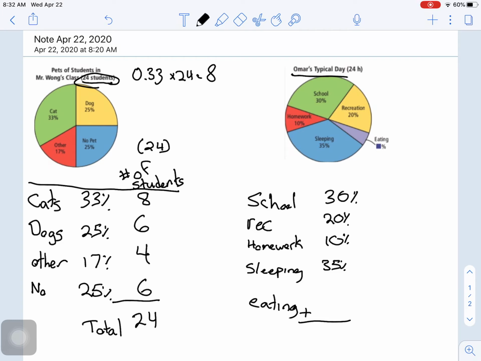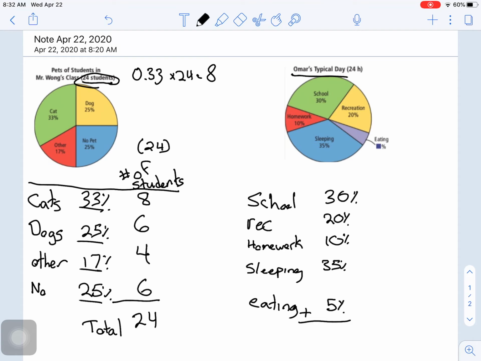If we look over here, 33 plus 25 plus 17 plus 25 is equal to 100%. So if we have 30 plus 20 is 50, plus 10 is 60, plus 35 is 95%. That means there's only 5% left over for eating. So now we know that there's 5% for eating.